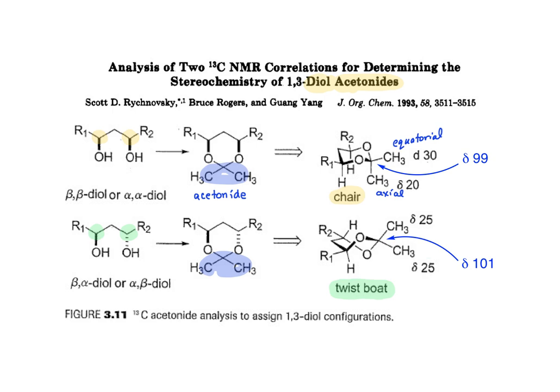The more strained the acetonide is, the more deshielded is the central carbon. And so for the twist conformation, the chemical shift tends to be slightly greater than 100 parts per million, whereas for the less strained chair conformation, the chemical shift tends to be just under 100 parts per million.